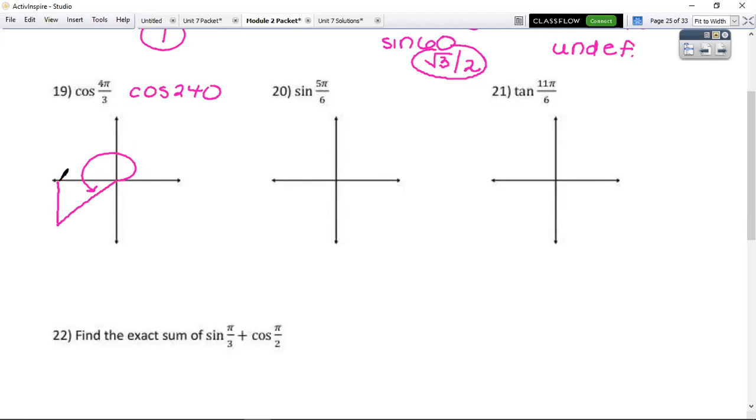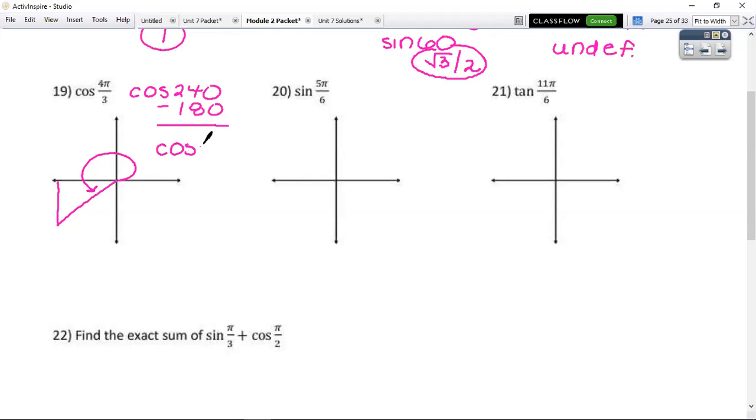I'm pulling on what you did last week now. How do we find a reference angle in the third quadrant? Who remembers? Excellent. Minus 180. So really, I'm asking you to do the cosine of 60.